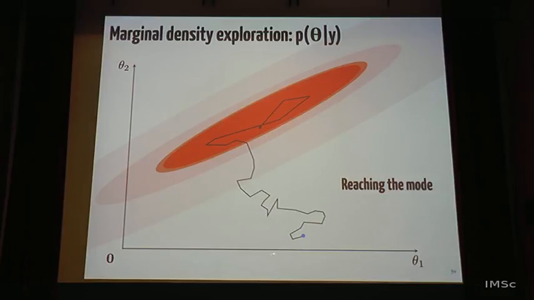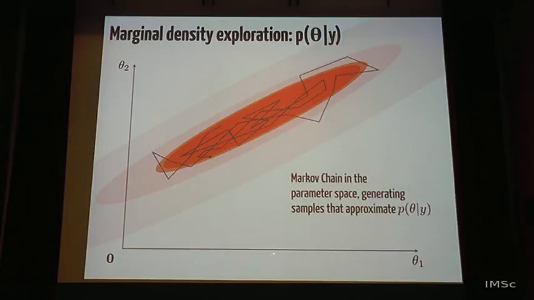And I'm not interested in getting the highest part of the mode of the distribution. What I'm interested in is exploring all of this. And that's the Markov chain Monte Carlo property: if you explore long enough, you will explore all the posterior distribution.